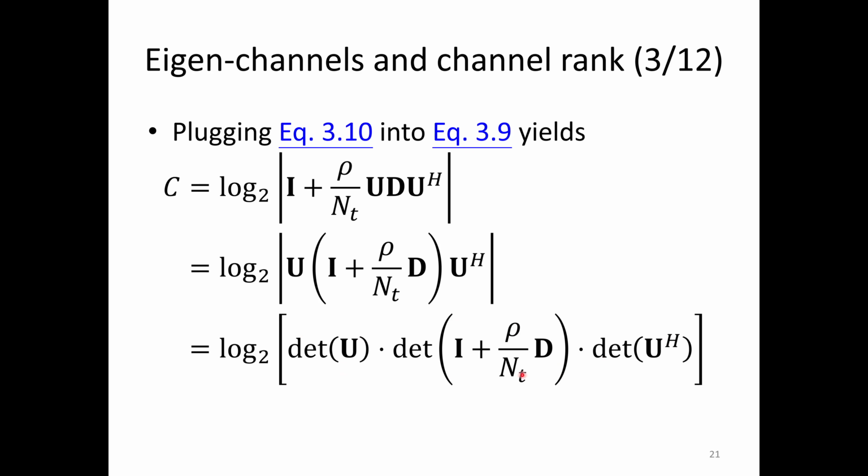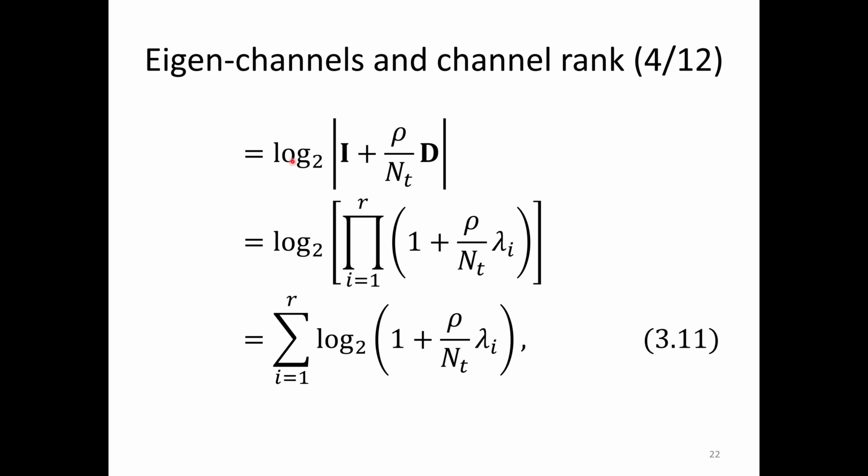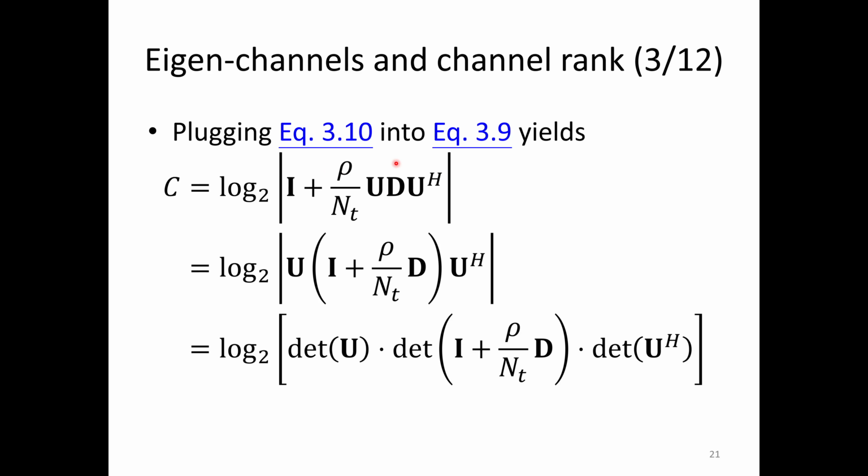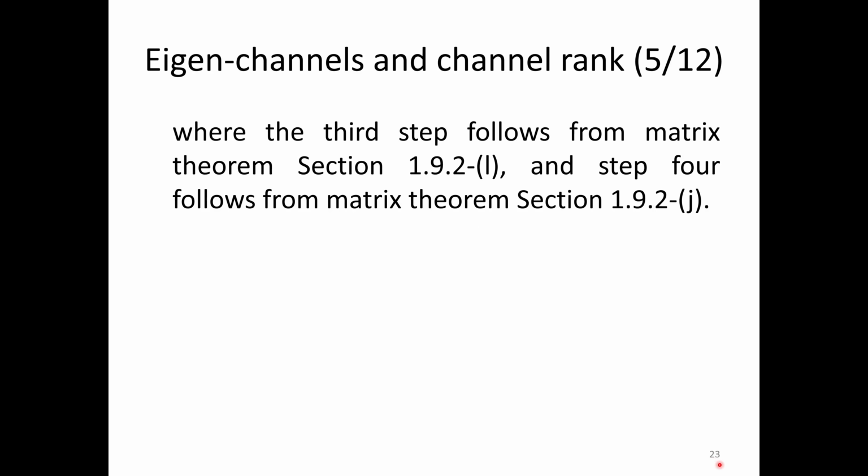And then this equation is equal to log 2 of the determinant of I plus rho over nt times D. Why? Because we can go to page 23, and step 4 follows from the matrix theorem, section 1.9.2J.